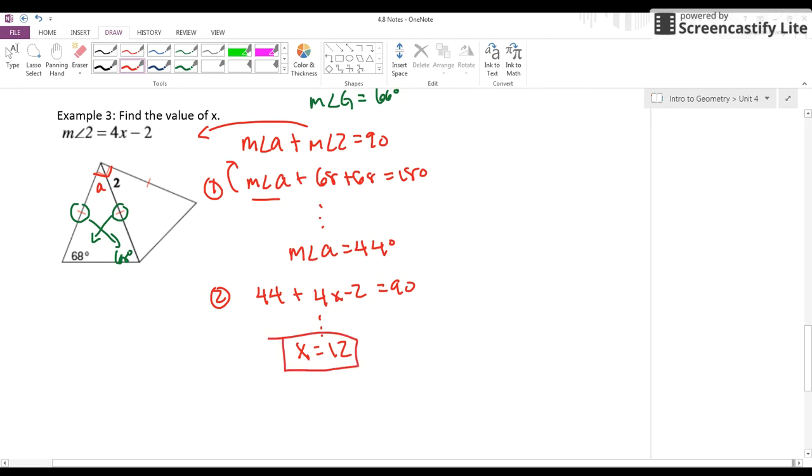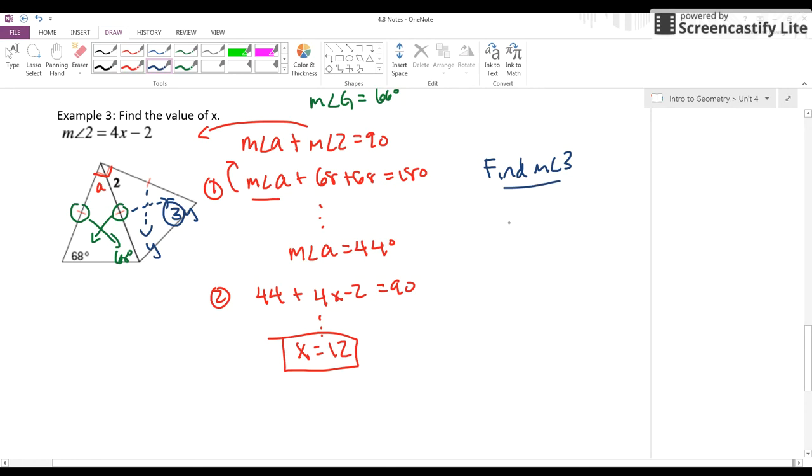Right? And let's say, for example, I needed to keep going and find the measure of angle 3. You know how you would do that? Notice again, we've got another isosceles triangle here. So if I needed to find the measure of angle 3, I could keep going and say, well, angle 3 plus whatever that is, which I can call y, are congruent.